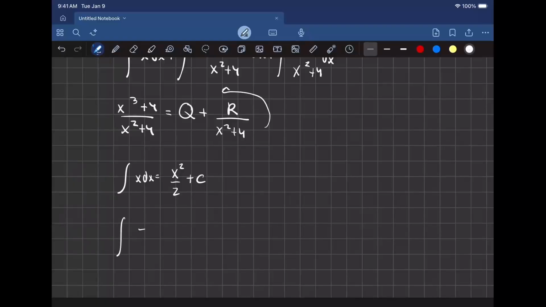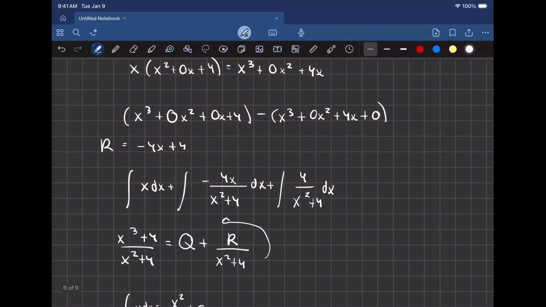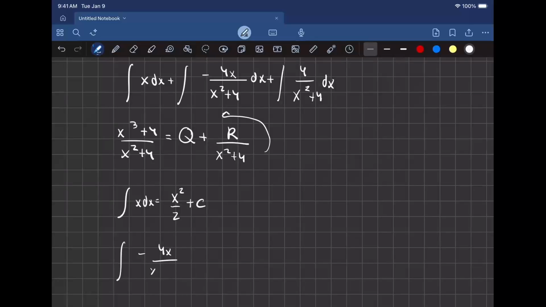The integral of minus 4x over x squared plus 4, I'm just going to make a u sub. We can solve this using a u sub. So we'll let u be x squared plus 4, right? Because I want its derivative to be equal to x, so I can collect this x that's in the numerator. So my du is just 2x dx.